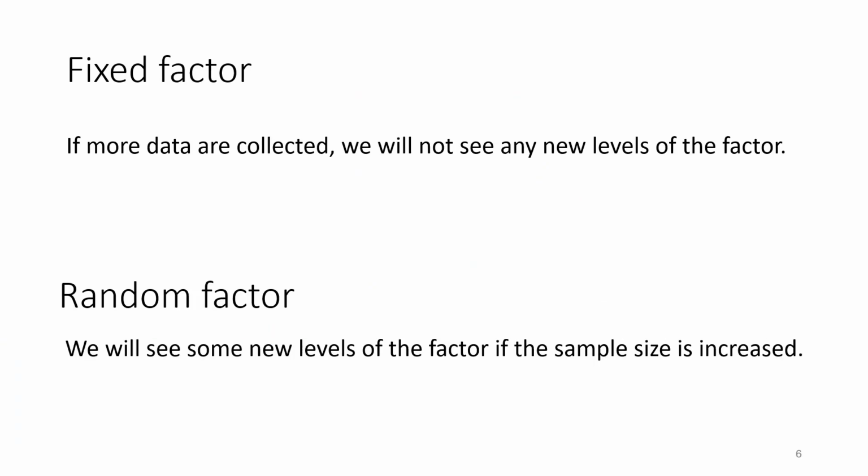Another source rephrases the rule as follows. If the factor is fixed, we won't see more levels of the factor if we collect more data. This distinction is less clear because, even in the simple officer example, there are at least 2 ways to collect more data.